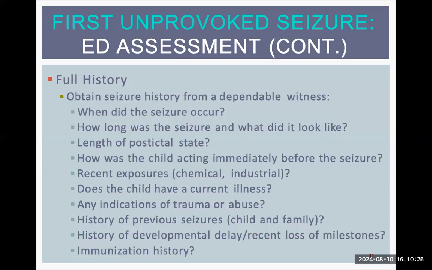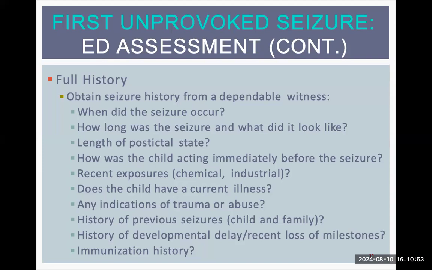So we will start with the full history of the seizure, first from any dependable witness. So when did the seizure occur, and how long did it last, and how did it start, and how did it look like? And was there a post-ictal state, and how long was it? And how was the child acting before the seizure and after the seizure?